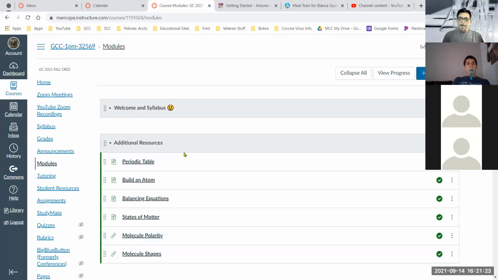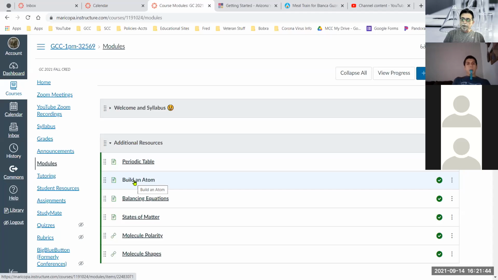There is a module, the second module, named additional resources. There's a variety of different additional resources. If you haven't had a chance, click on them and see what they're all about, because that will really help you throughout the semester. There's one called Build an Atom.